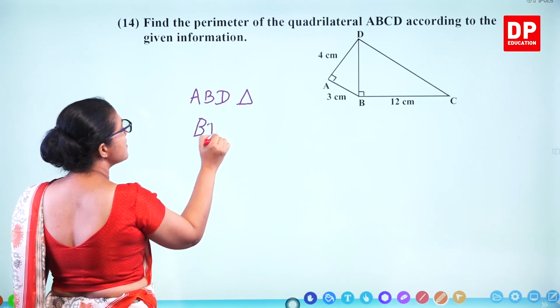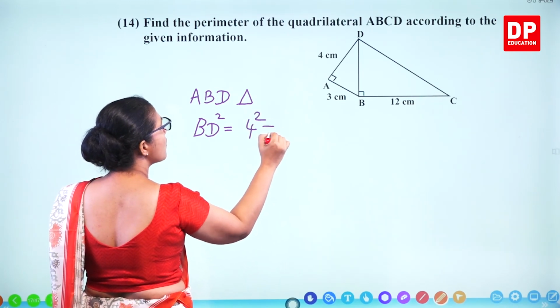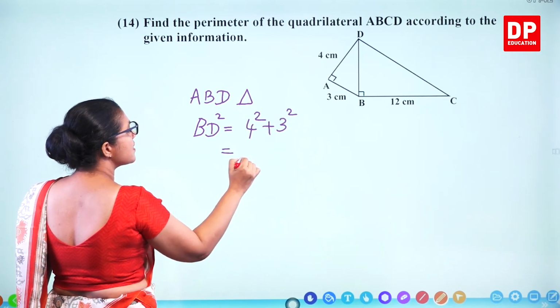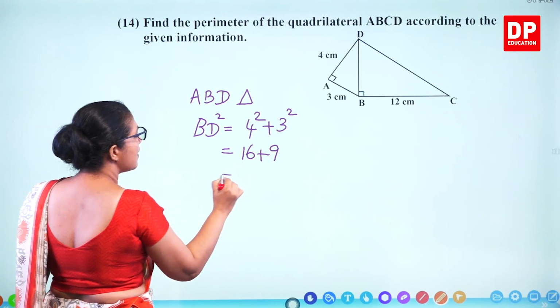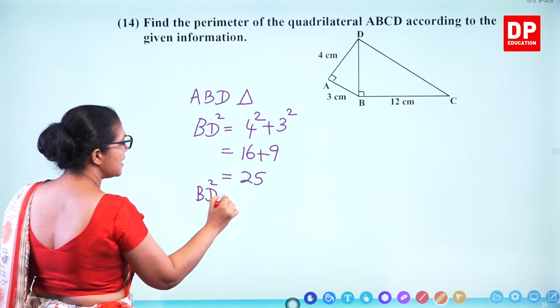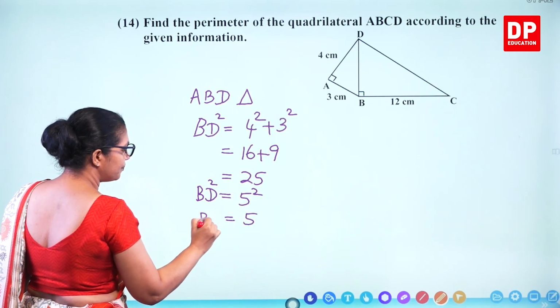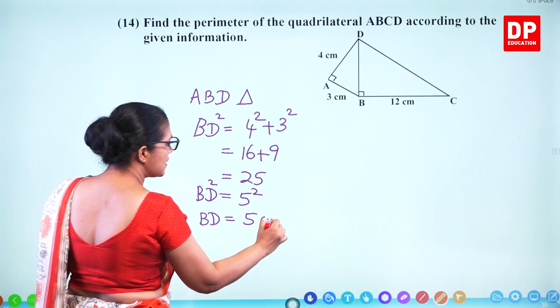BD squared is equal to 4 squared plus 3 squared. You get 16 plus 9, that's 25. That means BD is 5. Now we found out BD is 5.